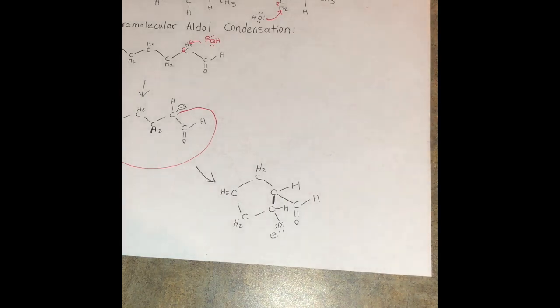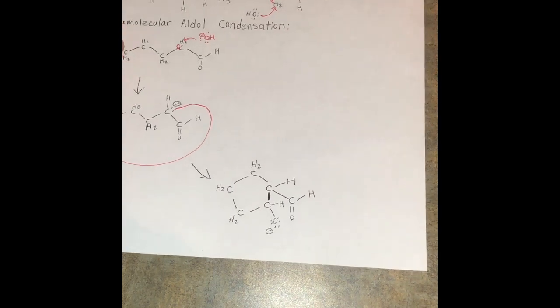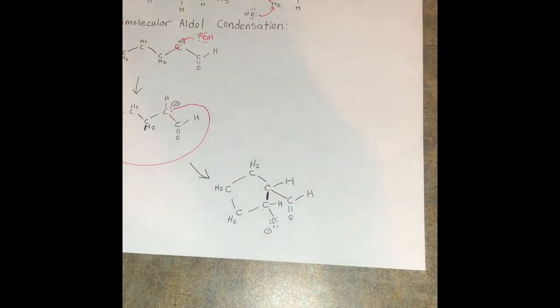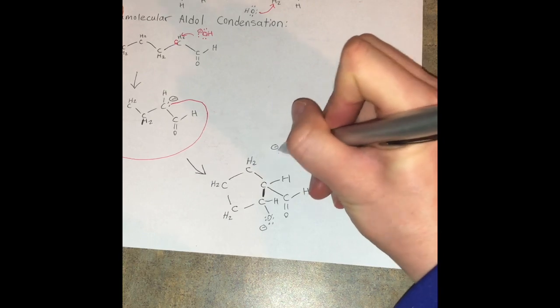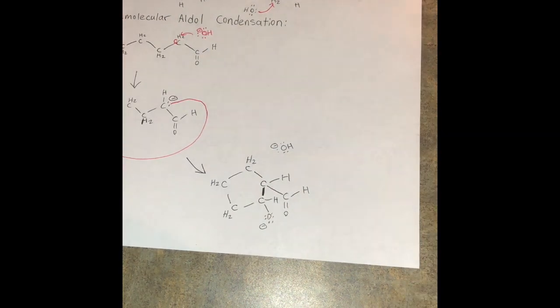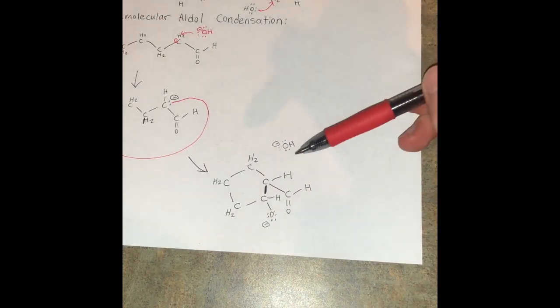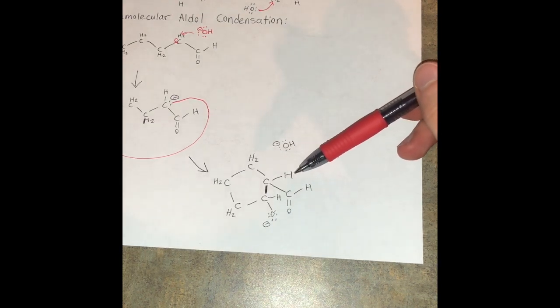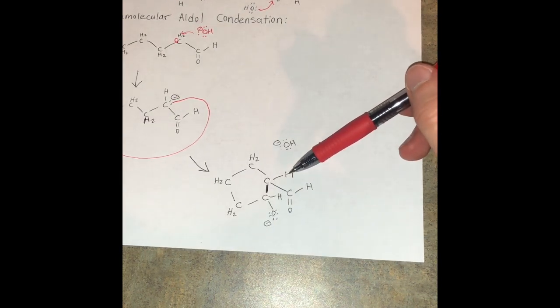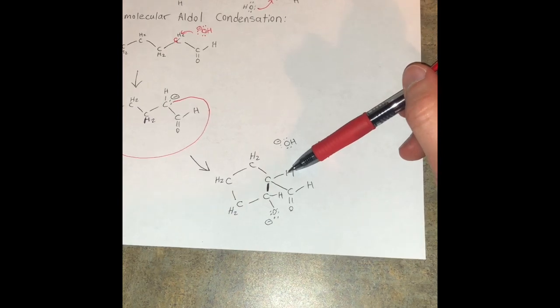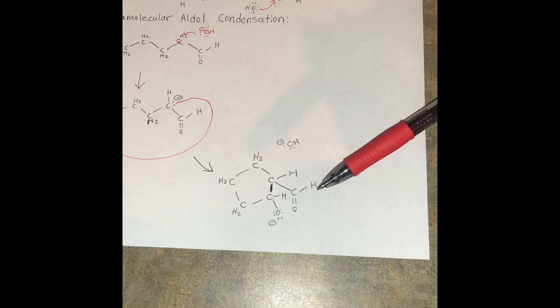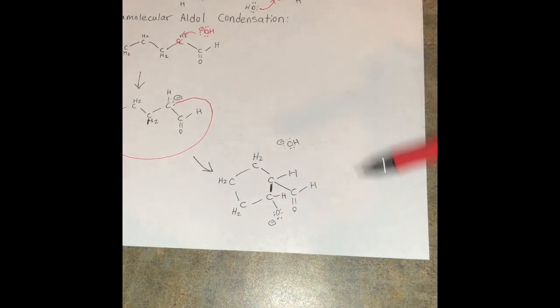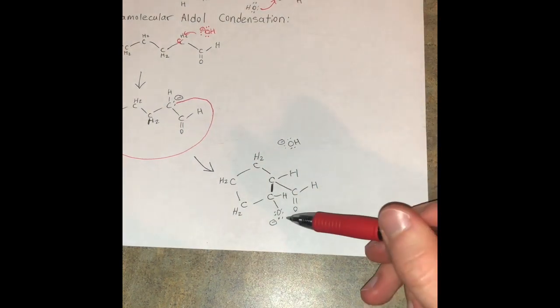Okay, now at this point, we're going to do another deprotonation. So if we put in another molecule of OH-, what happens is we end up deprotonating this H right here. Now this is the step where we can form the double bond. So before we do that though, we need to do one more thing which I had forgotten about here, and that's with this O-.